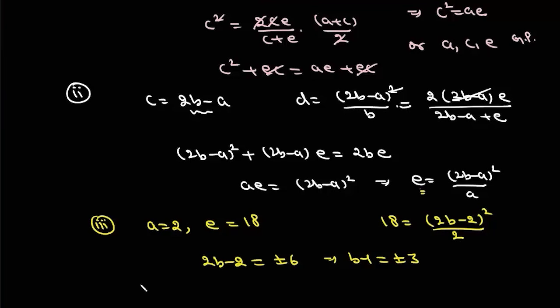So if we take plus sign, we'll get B as 4, and if we take minus sign, we'll get B as minus 2.